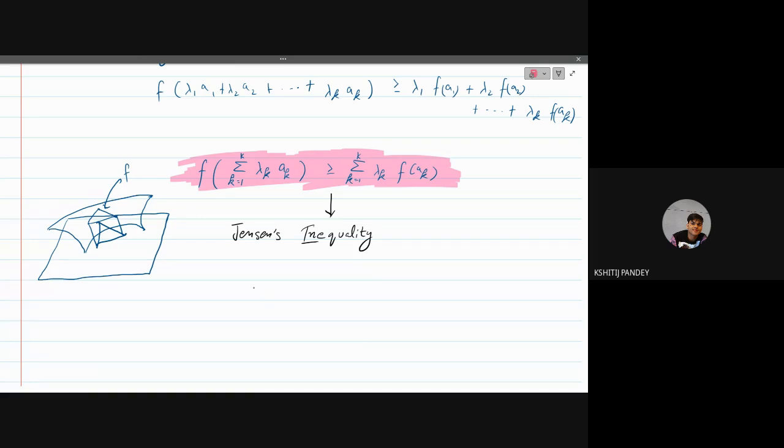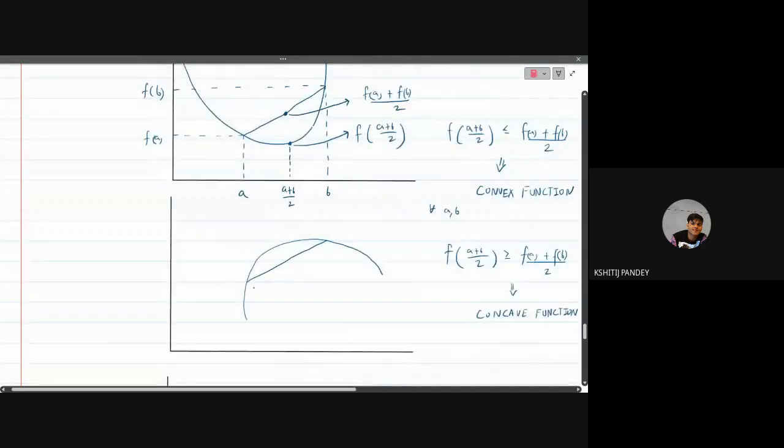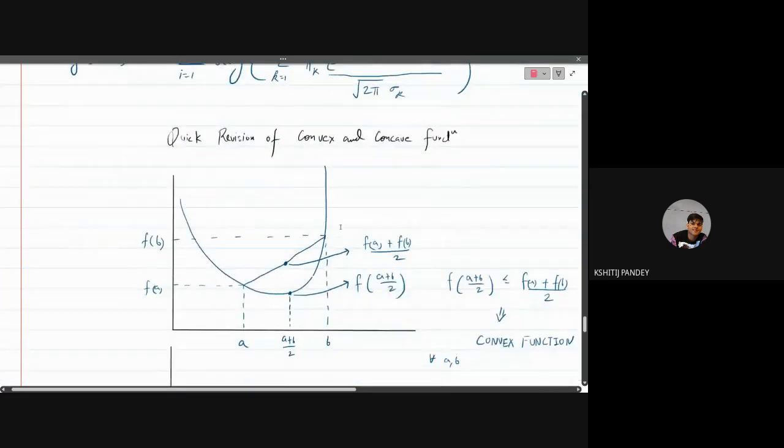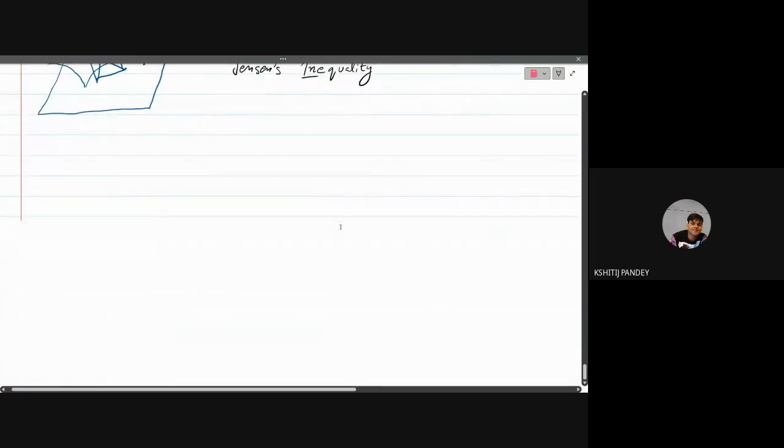Now, what's the use of this? The good thing here is that your log function is a concave function. So we can exploit Jensen's inequality here. Let's use our Jensen's inequality in solving log likelihood. So what is your log likelihood?